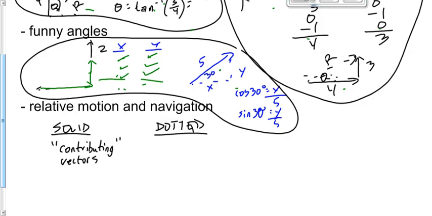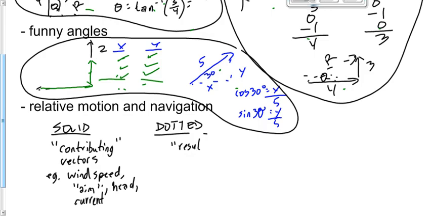For example, wind speed, river current, aiming in a particular direction, heading in a particular direction. All of those things contribute to where I go. My dotted line vectors are where I go. They're resultants.